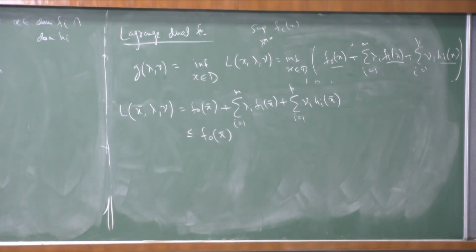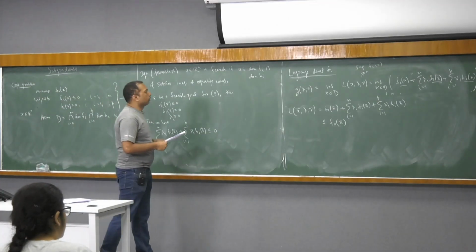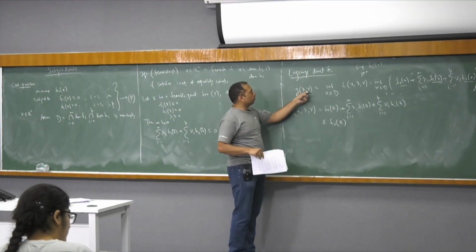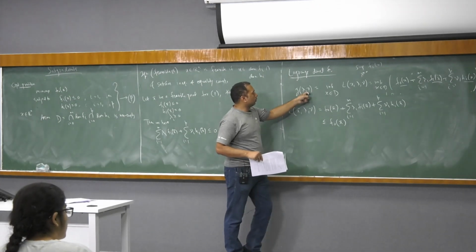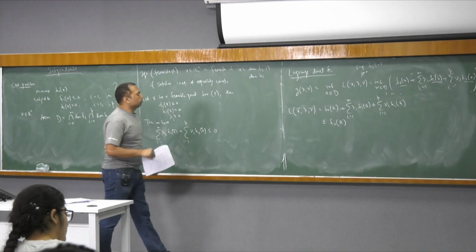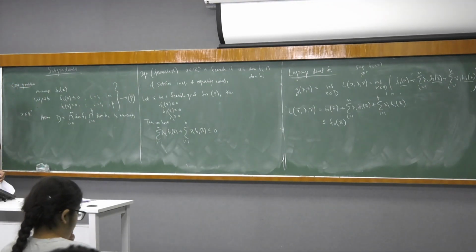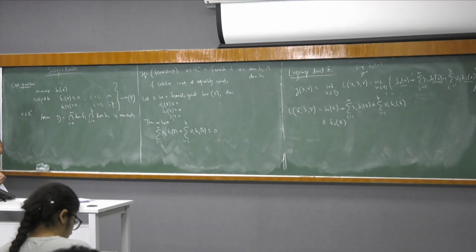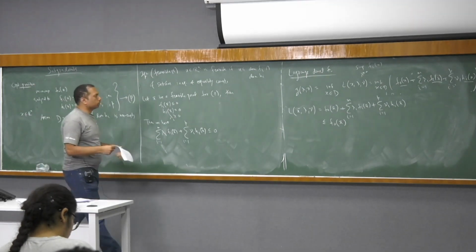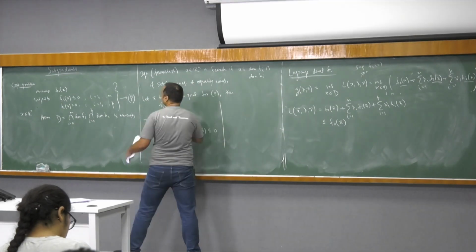So from there we can go back to g(lambda, nu), and we know that the Lagrangian is less than or equal to f_0(x bar). So obviously g(lambda, nu) will also be less than or equal to the infimum of f_0(x bar). The infimum of all f_0(x bar) for all feasible x bar will be p star. So from there we get g(lambda, nu) is less than or equal to p star, because p star is the optimal, right?